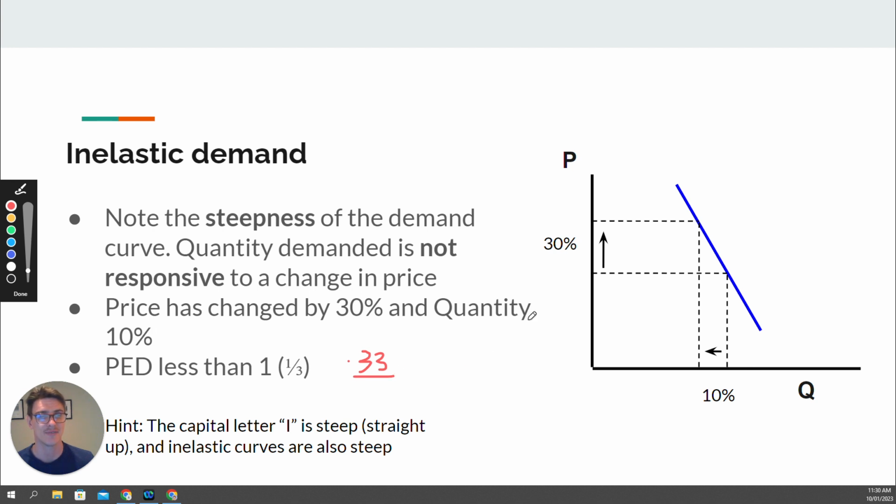And what that means is for every 1% change in price, there is a 0.33% decrease in quantity demanded. And whenever PED or PES is less than 1, we call that inelastic. If it's equal to 1, then it's unit elasticity, like we've been thinking about prior to this.